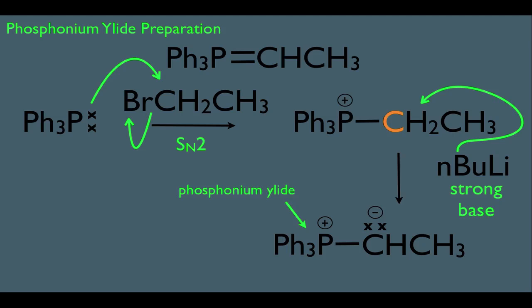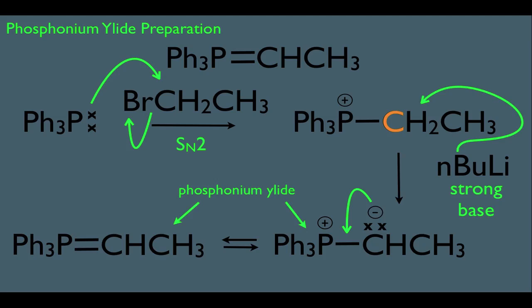If you can't see that right away, notice if you took the electrons on the carbon and dropped them down to here, which is basically performing a resonance move, then you would get this structure right here. Notice these are the two resonance structures of a typical phosphoylide. So our preparation of phosphoylids simply involves an SN2 reaction of an appropriate alkyl halide followed by a strong base.